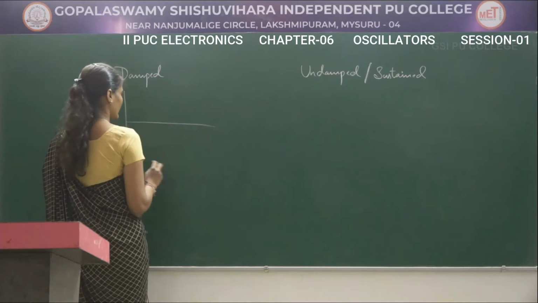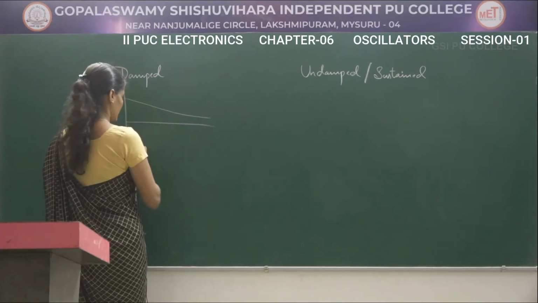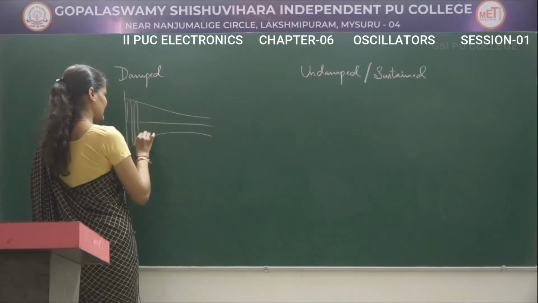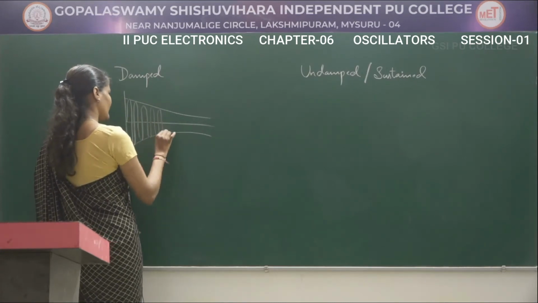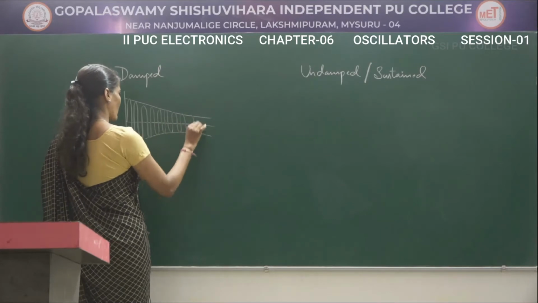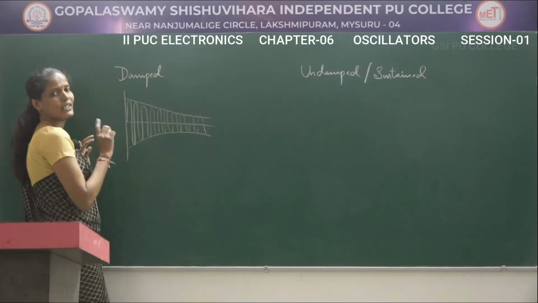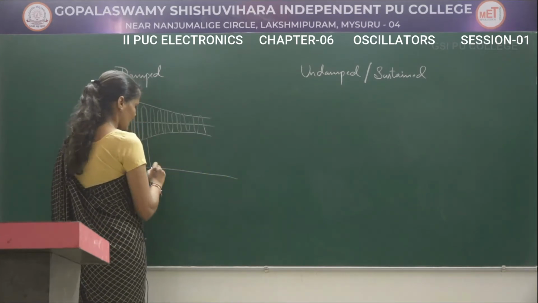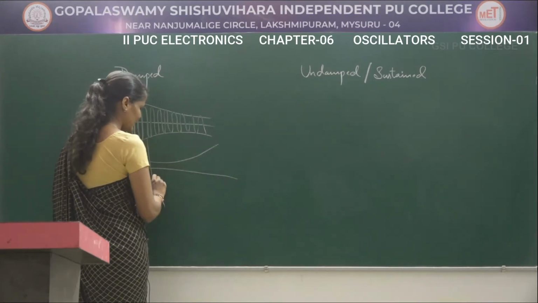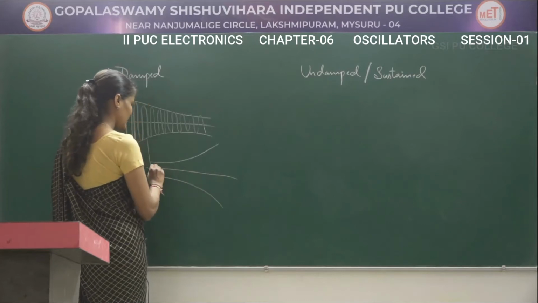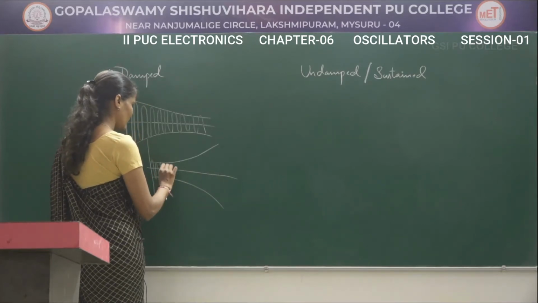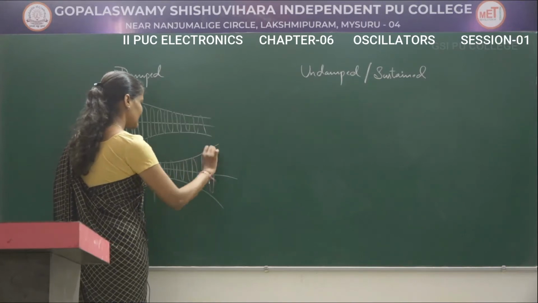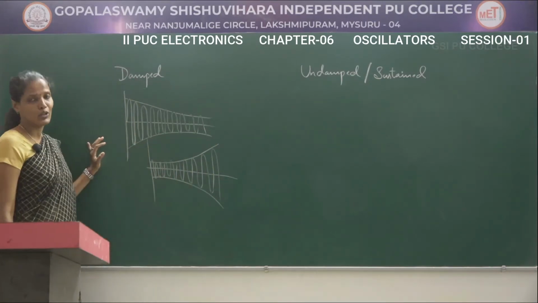Let me draw a diagram. Here the amplitude of the signal is decreasing but the frequency is maintained constant. This is called a damped oscillation where the amplitude is decreasing. I can also get a signal in which the frequency is maintained constant but the amplitude keeps on increasing. Even this can be called a damped oscillation.